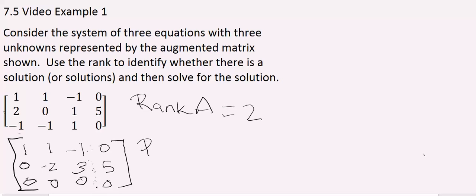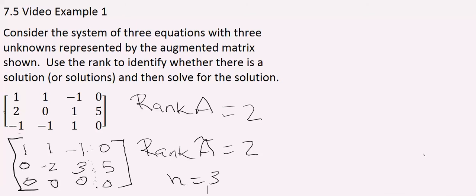The rank of A tilde is equal to 2, and that tells us, since the number of unknowns is equal to 3, because rank of A is equal to the rank of A tilde, there are solutions. Because 2 is less than 3, it's an infinite number of solutions.